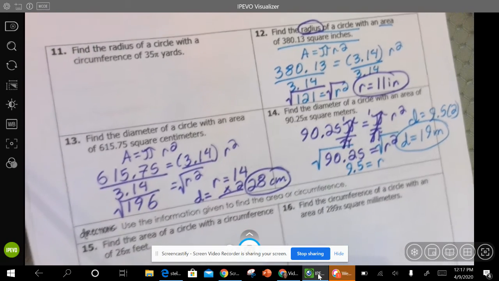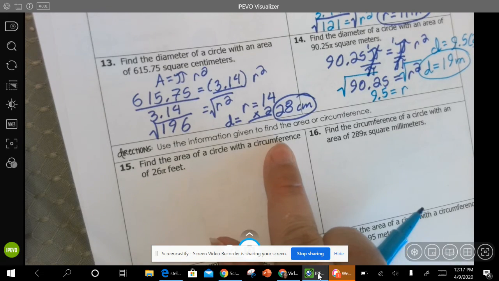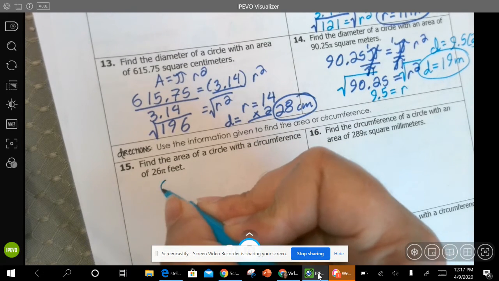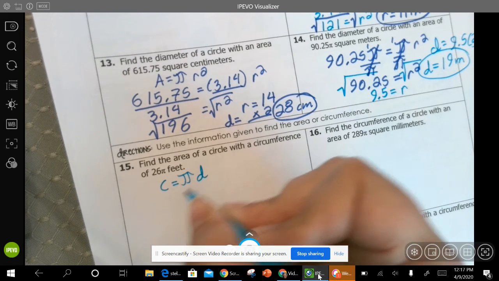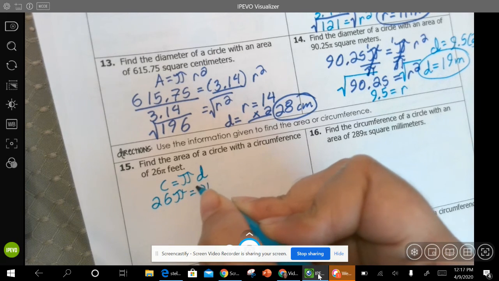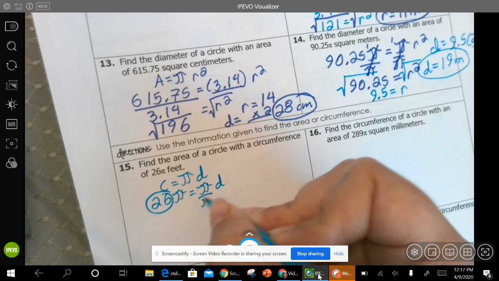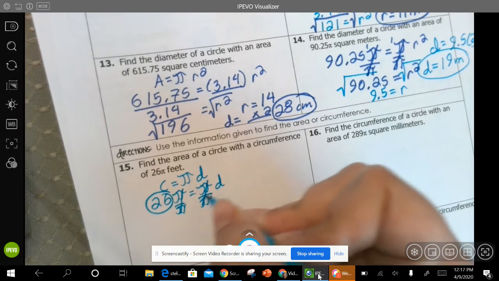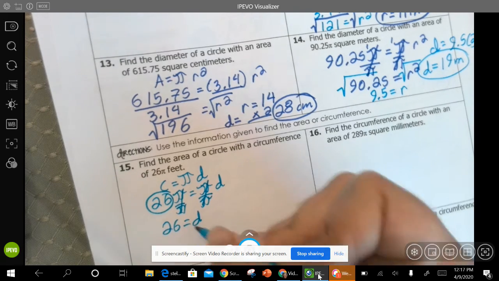What if they say find the area with their circumference? Remember, circumference is equal to pi times d. So 26 times pi is equal to pi times d. I divide each side by pi. That means the diameter is 26.